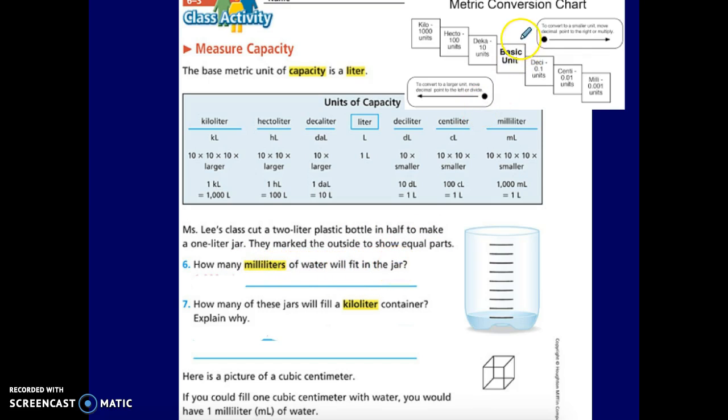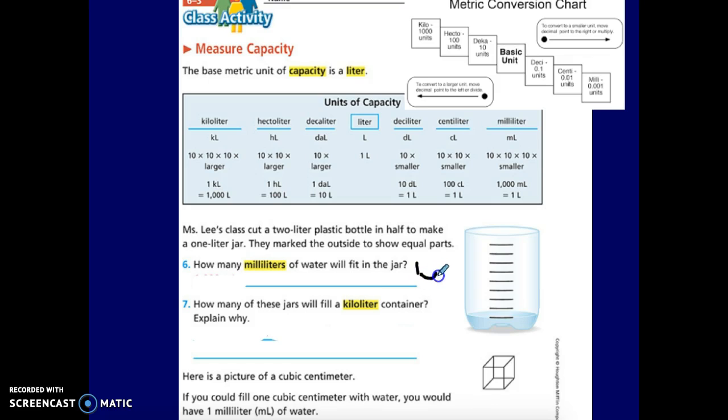All right, so we know that we have 1 liter is the jar, and we want to go to milliliters. So again, I think of my chart here. I'm going to draw my 1 for my 1 liter that we have. And let's count how much it takes to get to milliliters. 1, 2, 3. So I'm going to add 3, start from my decimal that would have been there.